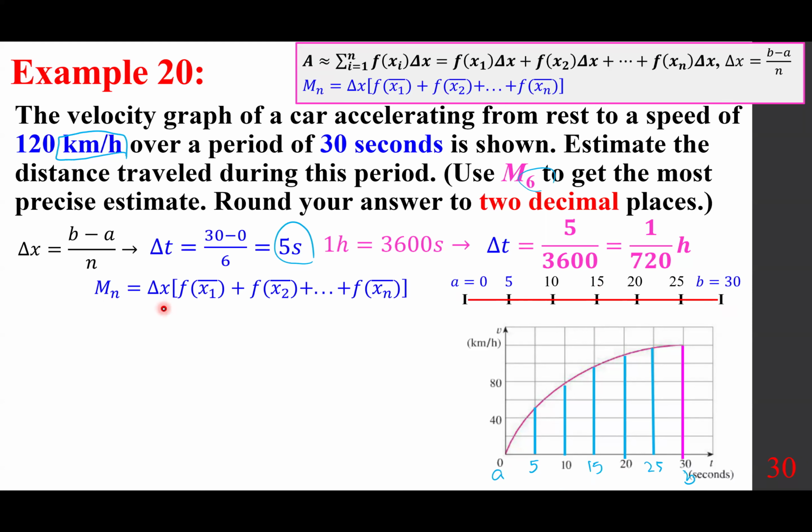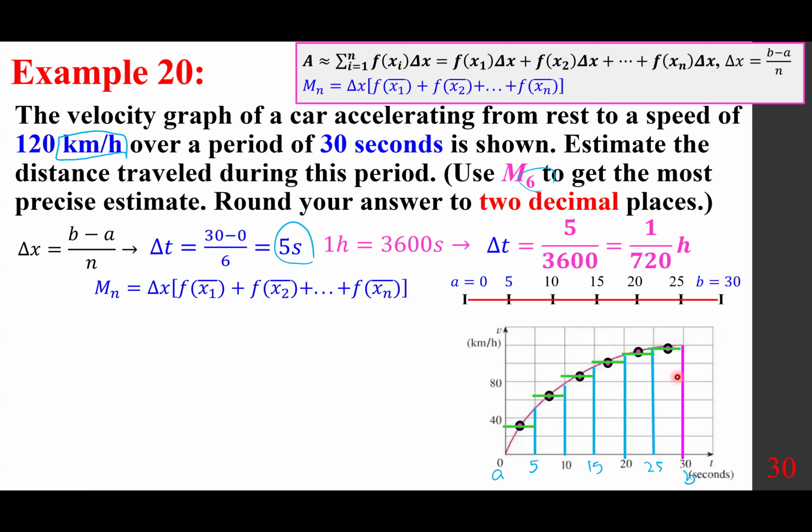So how do we get that? It's important for me to see that you are going to go with the midpoints. So right here is the midpoint, 2.5, 7.5, and so forth. That's the midpoint between these two, and the midpoint between 5 and 10, and the next one, the next one, and the next one. And the height of the function at that point.